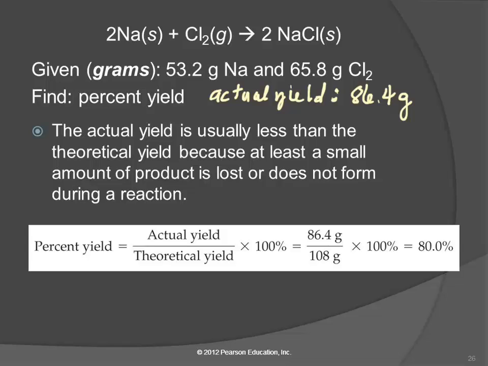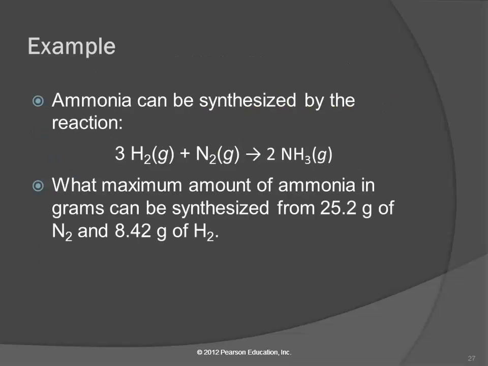The percent yield is the actual yield divided by the theoretical yield. We just calculated the theoretical yield. So we put those numbers into the equation. Here's the actual yield divided by the theoretical yield times 100%, and we end up with a yield of 80%. Any questions so far?